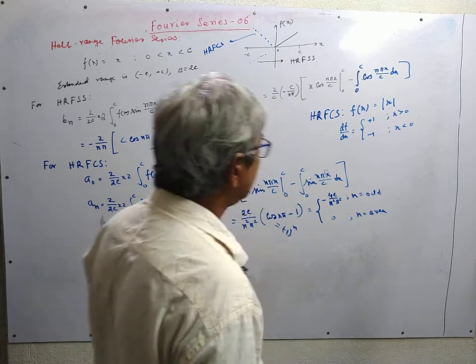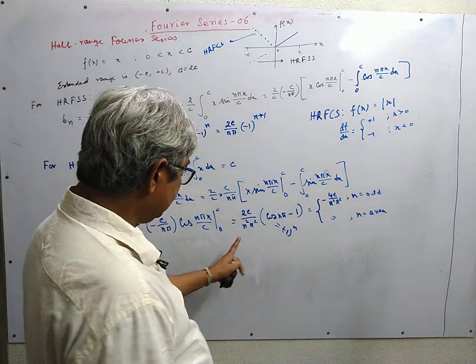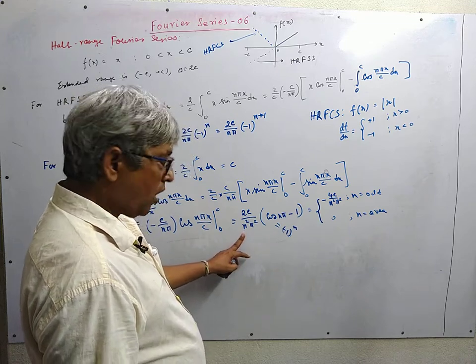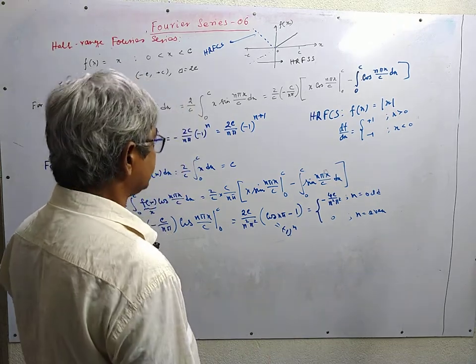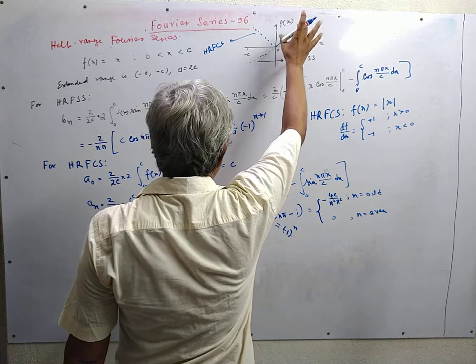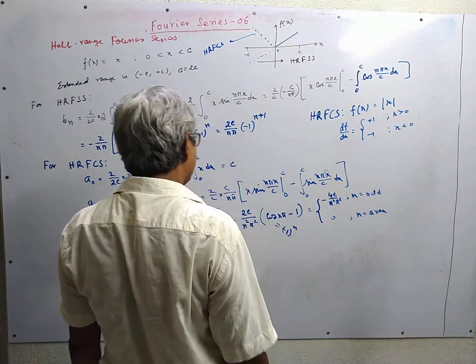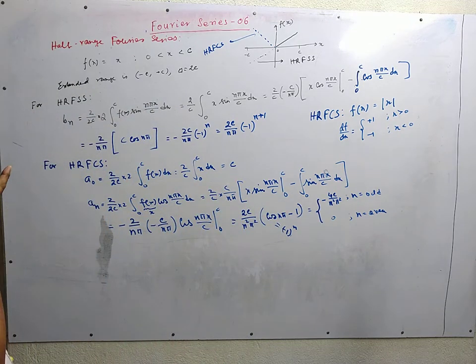So if the derivative of the function has discontinuity, that is manifested by 1 by n square dependence of the expansion coefficient. Whatever be the expansion, this part will be estimated correctly with increasing number of n, where capital N is the capital Nth partial sum.